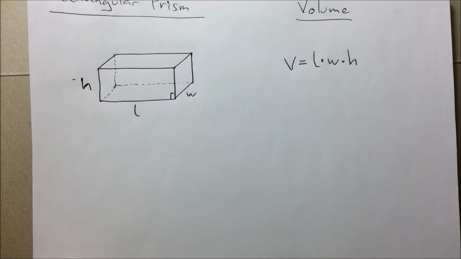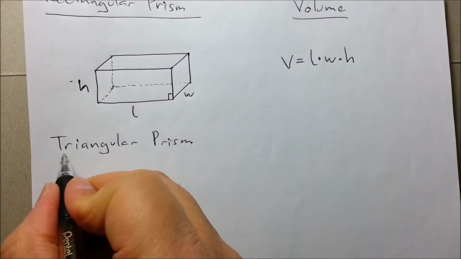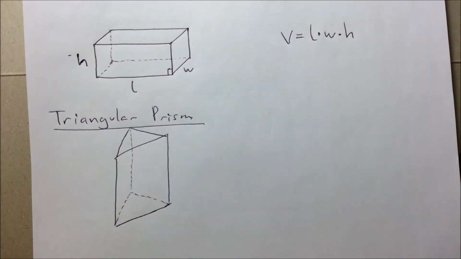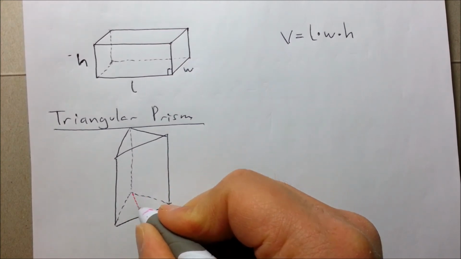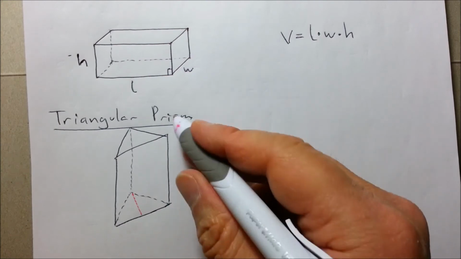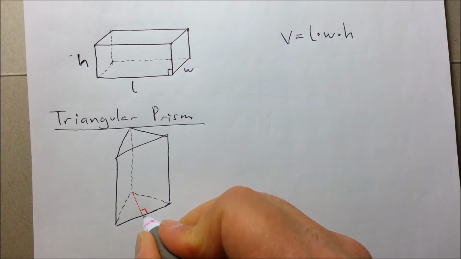And our last shape here, let's do a triangular prism. Now you have this triangular prism, which essentially looks like a tent. You have this height here. This height is the height of the triangle of the base, not the height of the actual prism. That's important to recognize, because many people mess up on this.